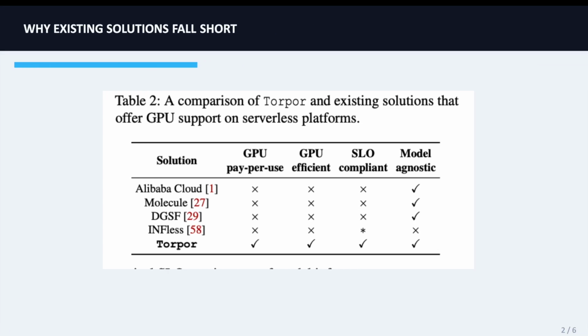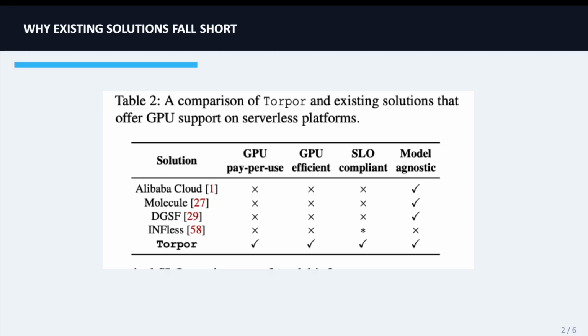So, why do existing solutions fall short? This is from table 2 in the paper. And this basically looks at the existing systems and checks them against four things. It checks them against GPU pay per use, GPU efficiency, SLO compliance, and whether they need to know anything about the model internals.